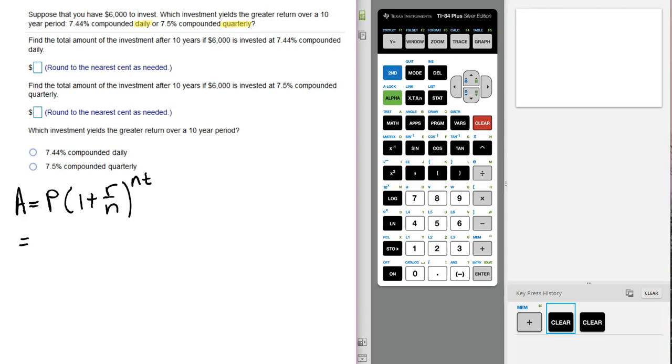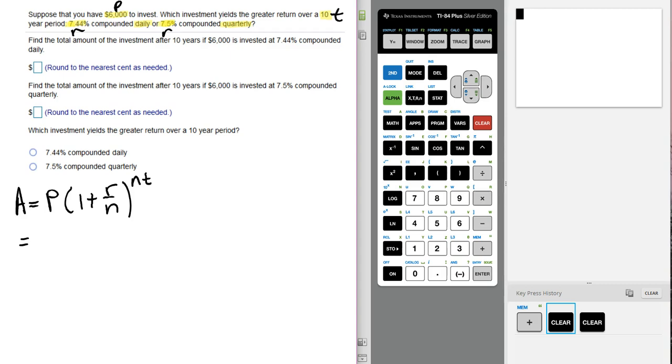Now we're given that we're going to invest $6,000, and that is our principal. We're going to invest that over a 10-year period, and that is our time. Then we're given 2 different interest rates, 7.44 and 7.5. So these are both r. We're going to have to calculate our formula 2 different times.